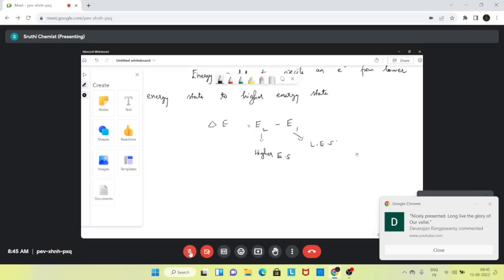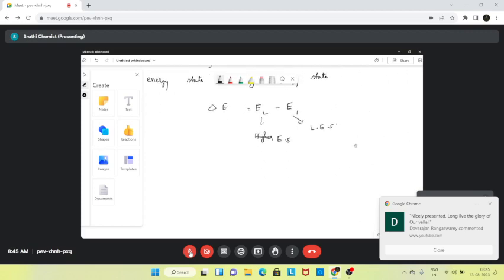So let's write according to the formula. E1 is minus 13.6 Z square divided by N1 square electron volt. And E2 is minus 13.6 Z square divided by N2 square electron volt. This is our formula.